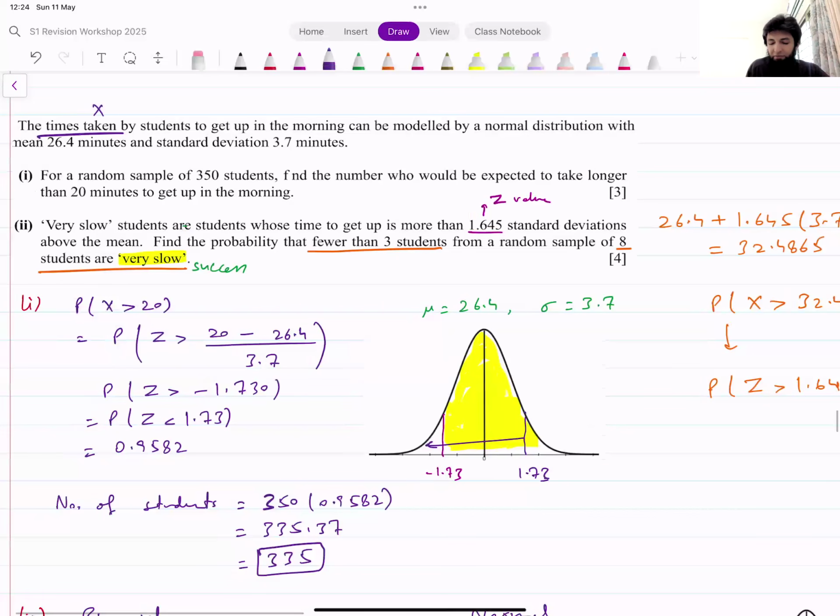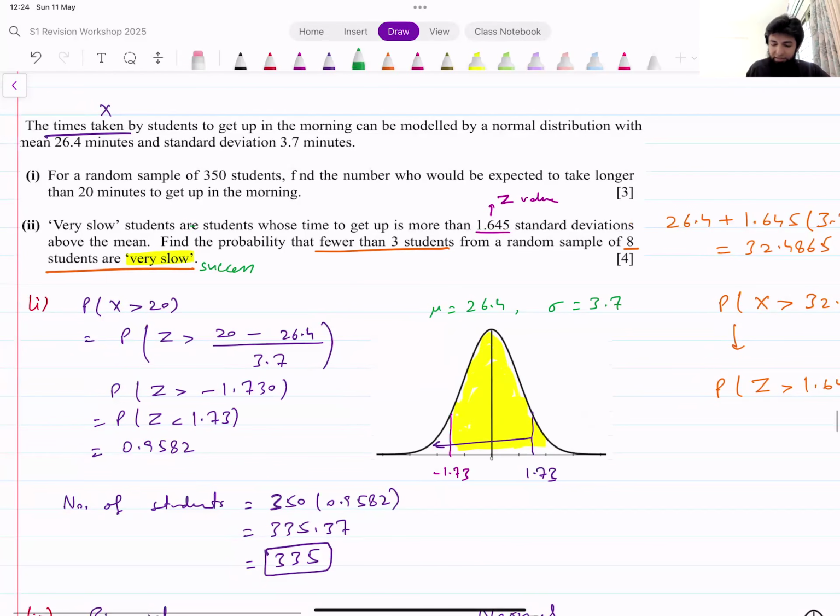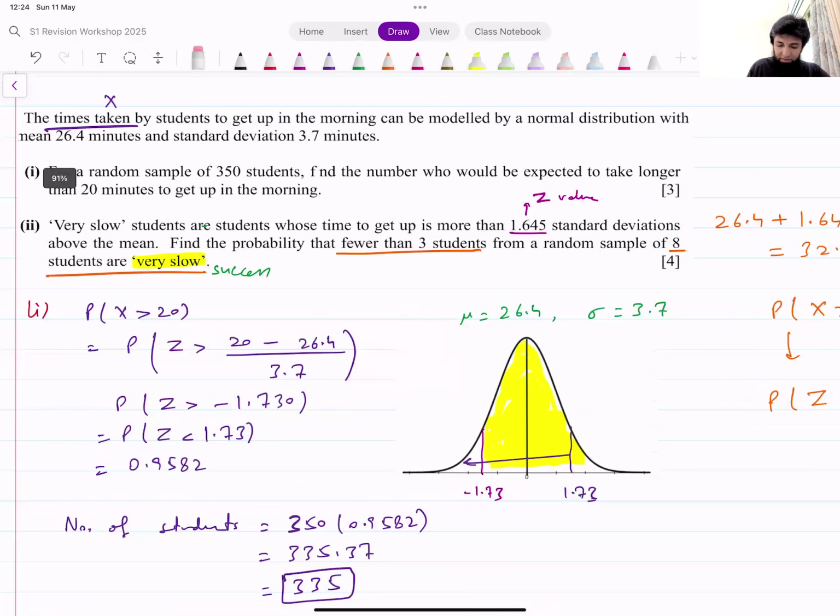They're saying find the probability that fewer than 3 students from a random sample of 8 are very slow. That's binomial distribution now. N is 8. Success is being very slow, right? That's your ideal world in which being very slow is successful. So a random sample of 8 students, out of them, what's the probability of having less than 3 successes? You find the probability for being very slow, first of all.